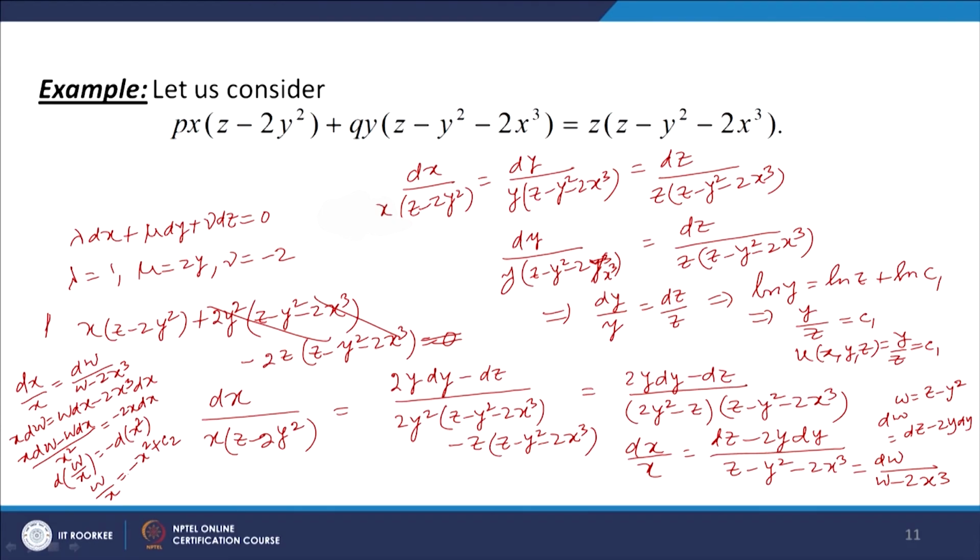And w is z minus y square. So, we get z minus y square divided by x plus x square equal to C2. So, this is another solution.